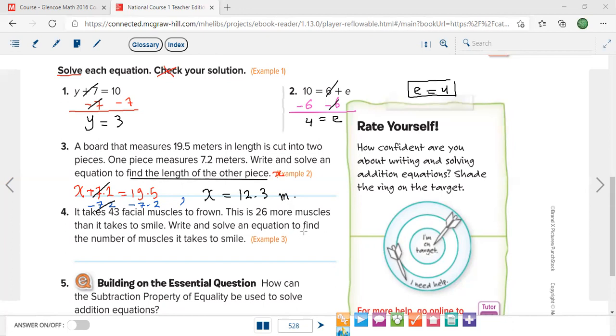If we say that the number of muscles it takes to smile is x, then x plus 26 equals 43.